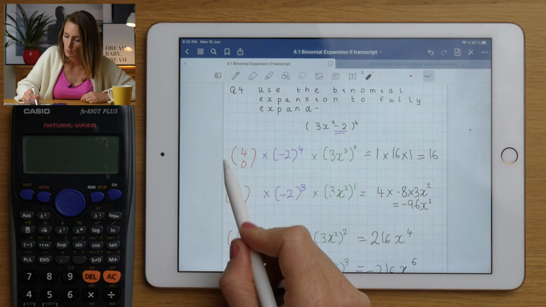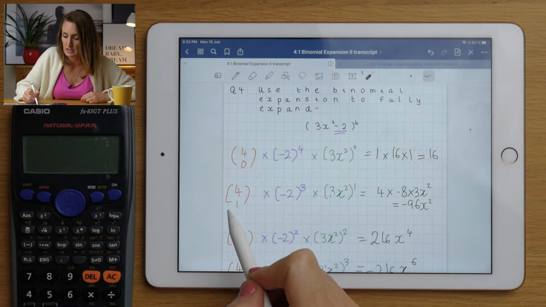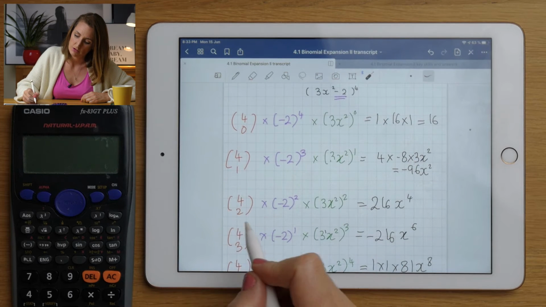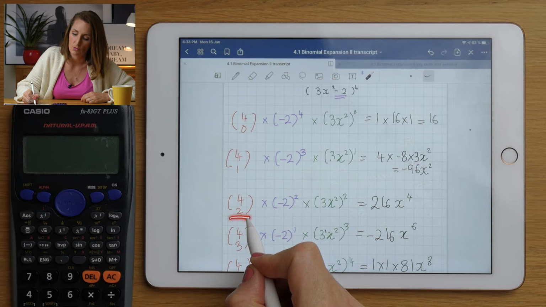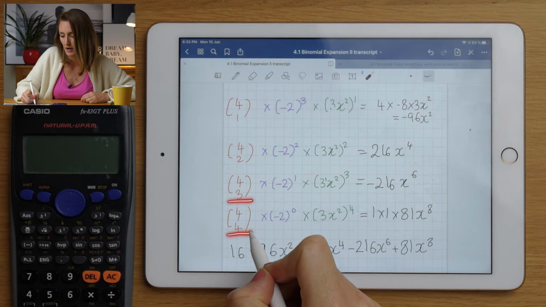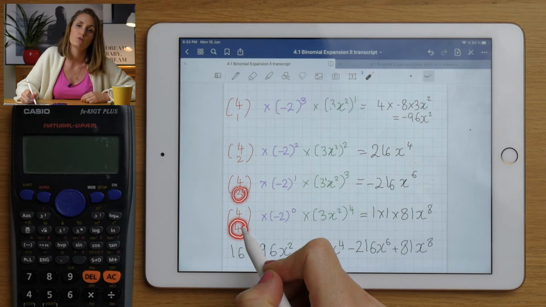This one would be t1, and r would be 0. This one would be t2, the second term, and r would be 1. This would be the third term, so t3, r would be 2, t4, and t5. Here r is 3, and here r is 4.